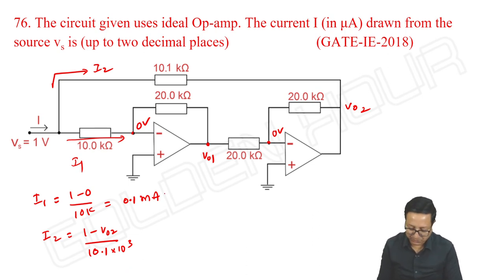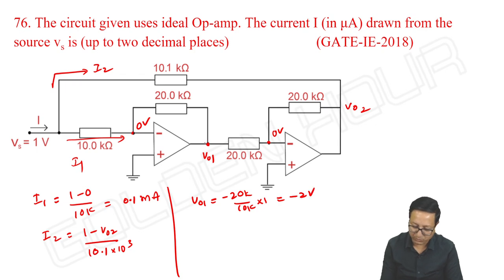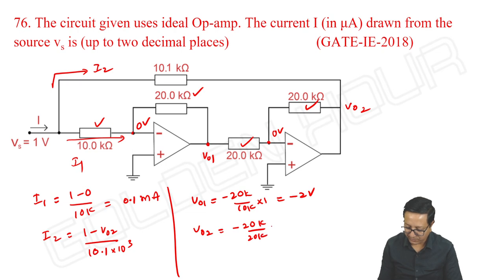How to find V2? First V1, it is equal to minus 20k by 10k into 1 volt, that is minus 2 volts. And V2 is equal to minus 20k by 20k into V1. How much do you get?